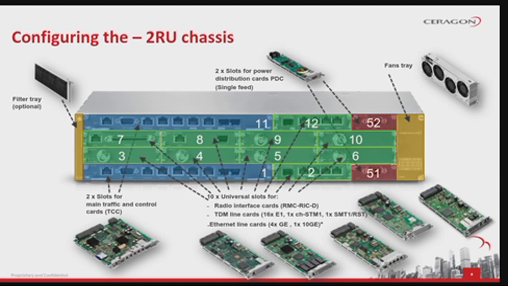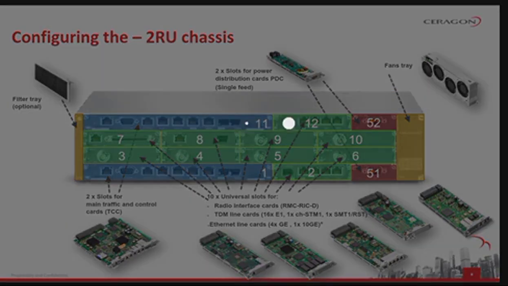Ethernet, LIC, X, E10, 1X10 can be inserted only in slot 2 and 12. TDM, LIC T16, containing 16E1s. TDM, LIC T155, containing 1 channelized STM1. TDM LIC STM1, OC3RST, containing 1 STM1.